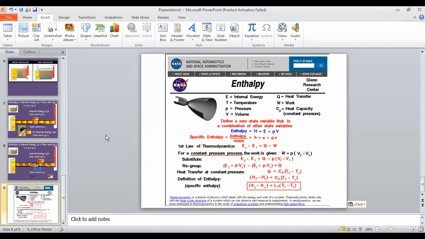A state property means it's a property of this flowing fluid. Its enthalpy is the internal energy plus pressure times volume. V is the volume, P is the pressure, E is the internal energy. So you take note of this.